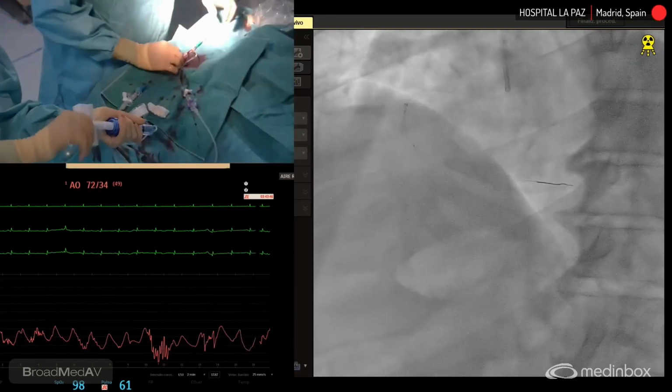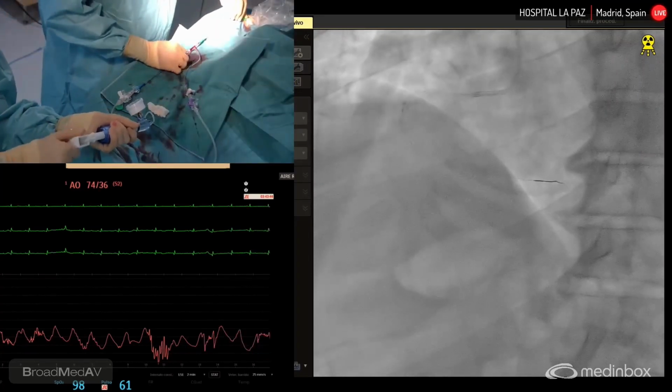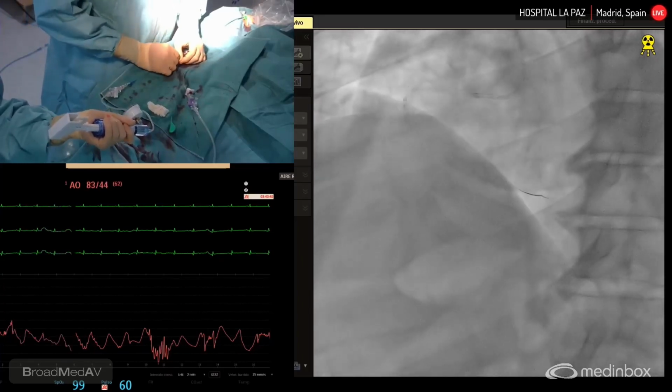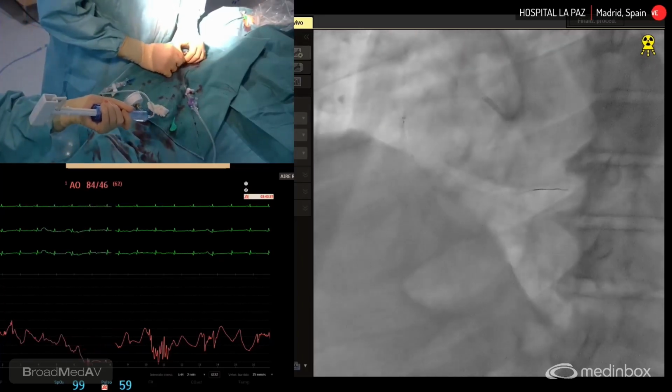Vale, infla un poquito. Infla 4. Sí. Vale, desinfla.